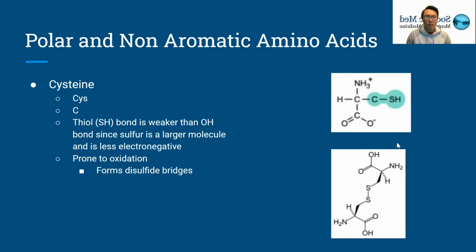And finally, the last polar but non-aromatic amino acid is cysteine. Cysteine, CYS, C, is different from the other amino acids because it has this thiol, and the thiol, or SH, bond is weaker than a bond formed by a hydroxy group, since sulfur is a larger atom than oxygen, so it's less electronegative.